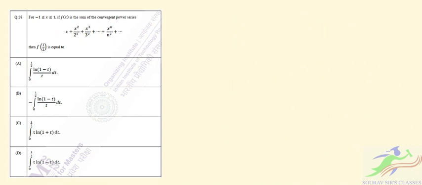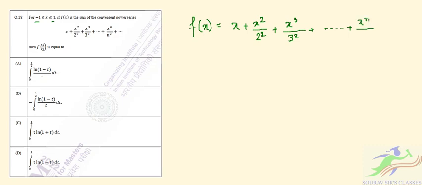For question number 28, x is within this range, minus 1 to plus 1. f of x is the sum of this convergent power series: f of x is equal to x plus x squared by 2 square plus x cubed by 3 square, and so on, x to the power n by n square, right?